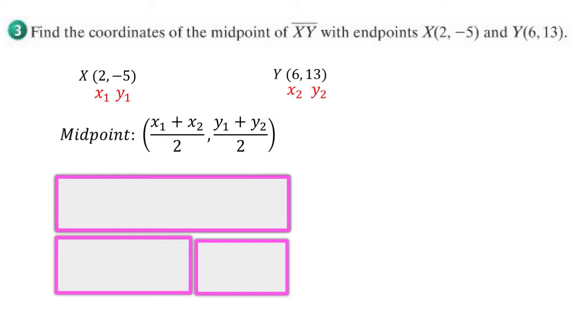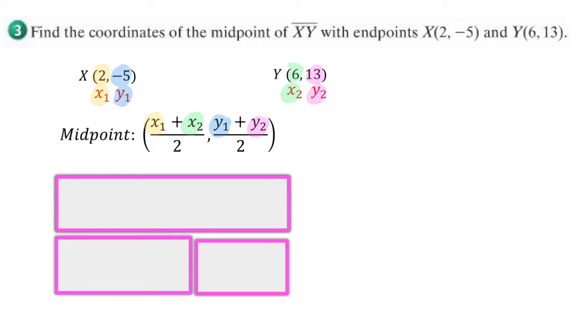Then we need to substitute into the formula. So I have my x1 value is 2, my x2 value is 6, my y1 value is -5, and my y2 value is 13.